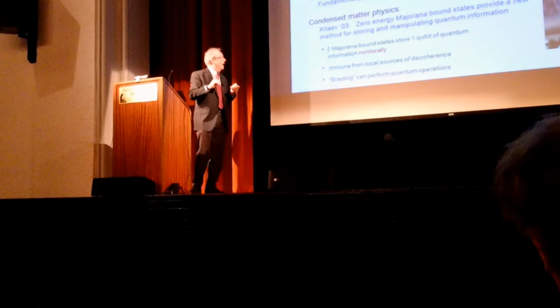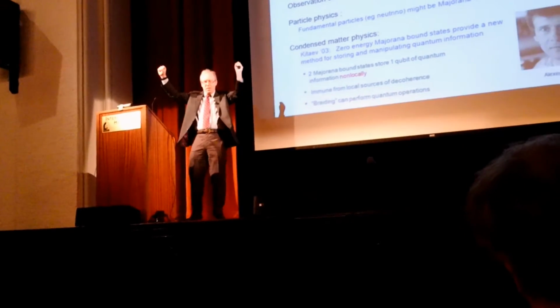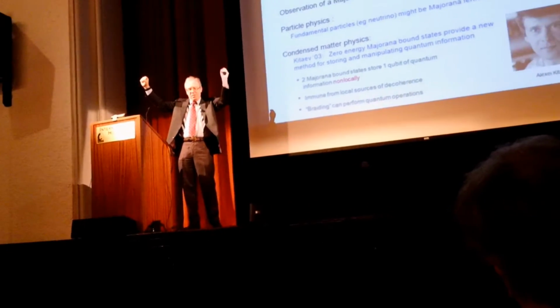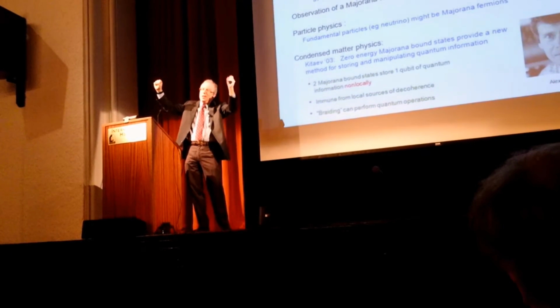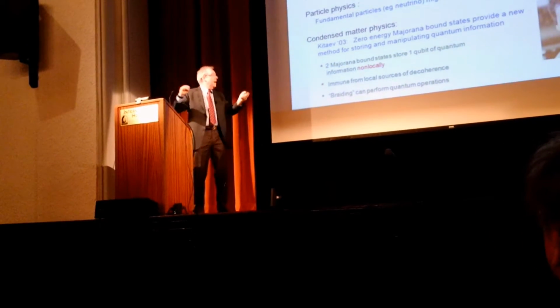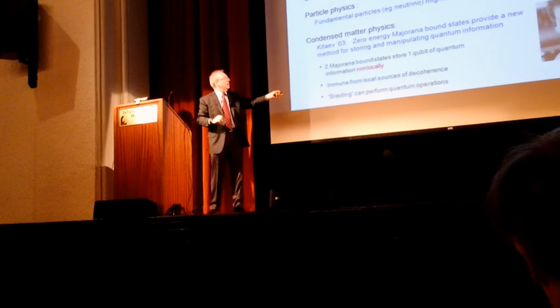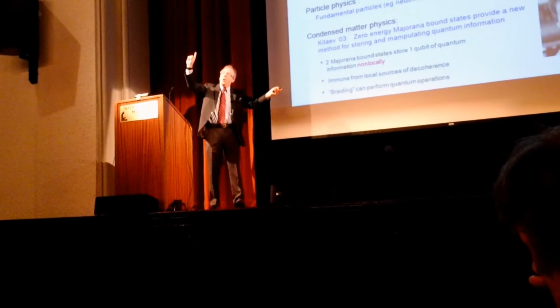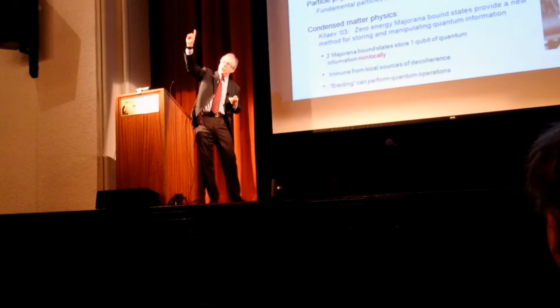Okay? Now the idea here is the following: if you have two of these Majorana zero modes, they are in different places, and yet they define a single qubit, a single bit of quantum information. You know, a bit is the way computers store information, a 0 or 1.